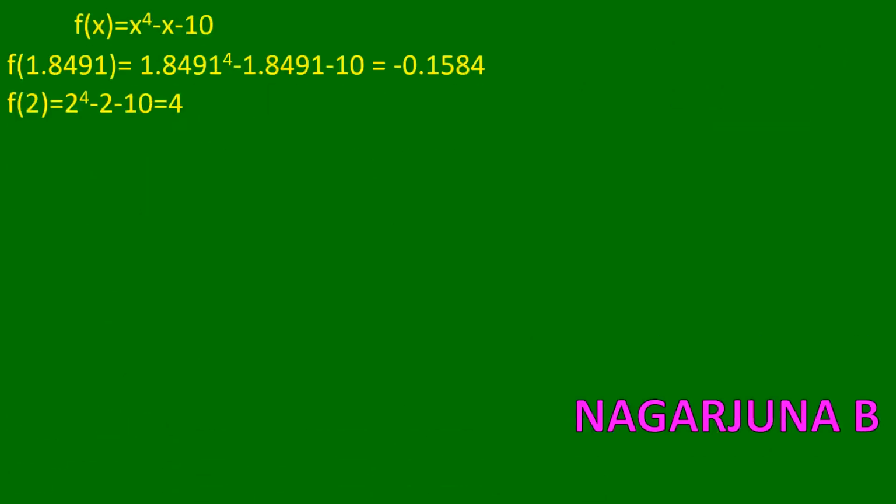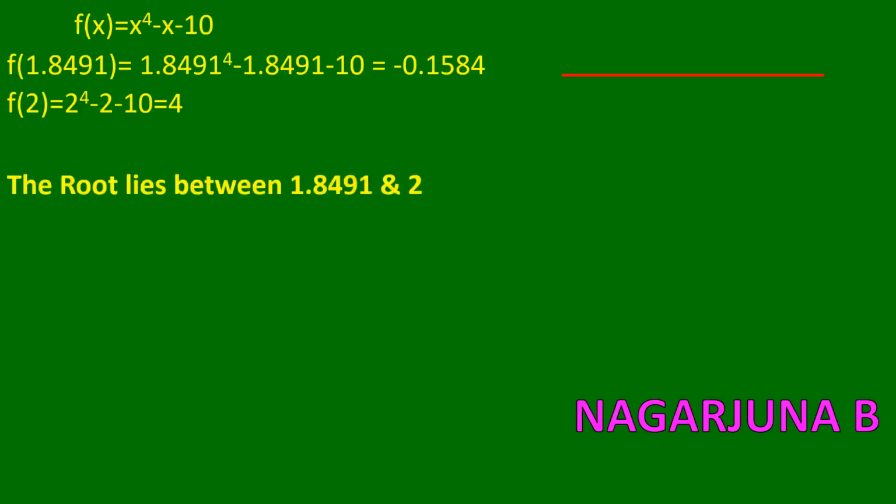f of x is equal to x to the power 4 minus x minus 10, and f of 1.8491 and f of 2 we have calculated previously. The root lies between 1.8491 and 2. Diagrammatically we can show it by drawing a line with 1.8491 at one end, where you have a negative value, and 2 at the other end, where you have a positive value.